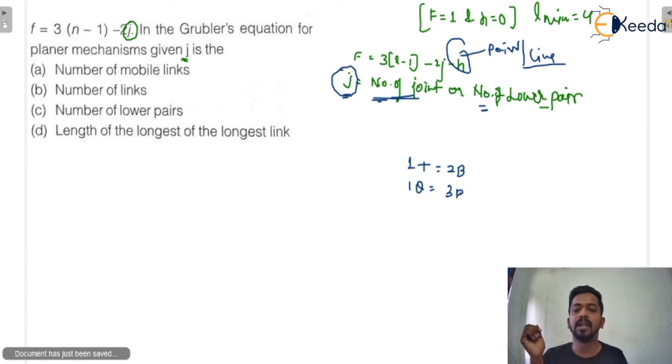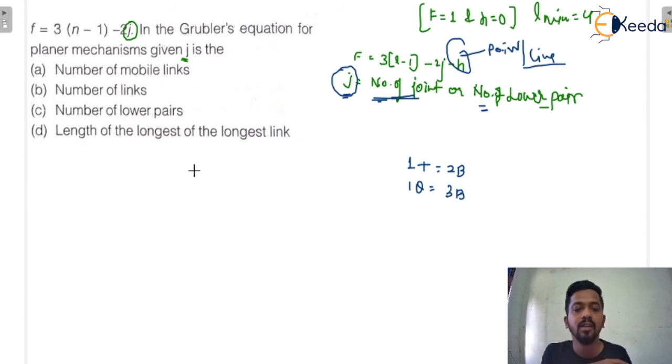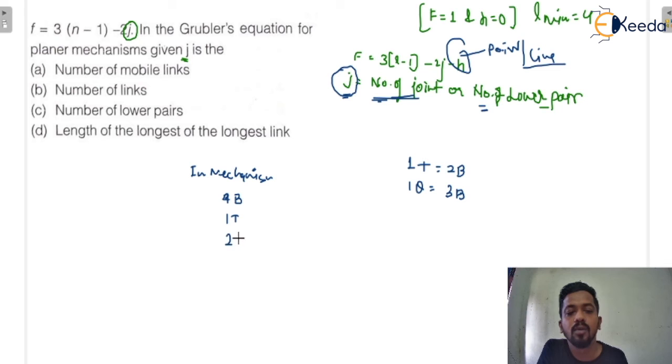For example, let me tell you how you can calculate J. If in the mechanism you find that there are 4 binary, 1 ternary and 2 quaternary, what is the value of J?